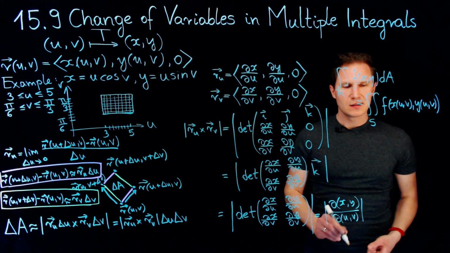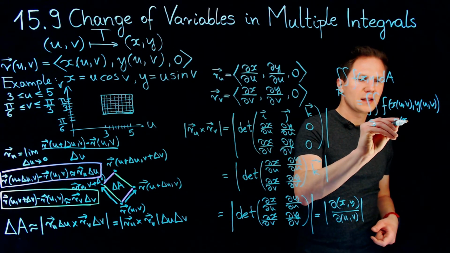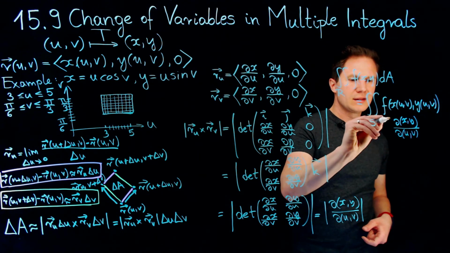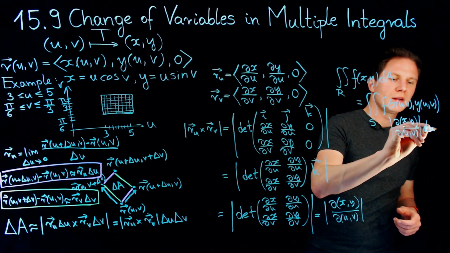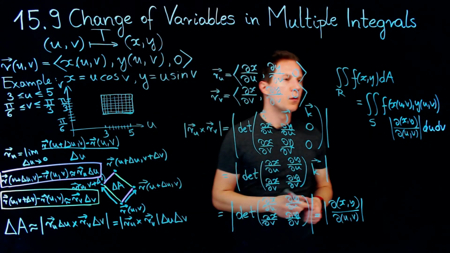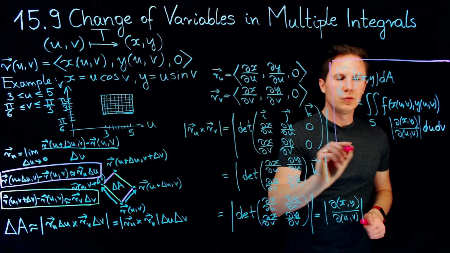This is the extra factor that we get here, and then we integrate with respect to u and v. So this is our double integral formula in the new coordinates u and v.